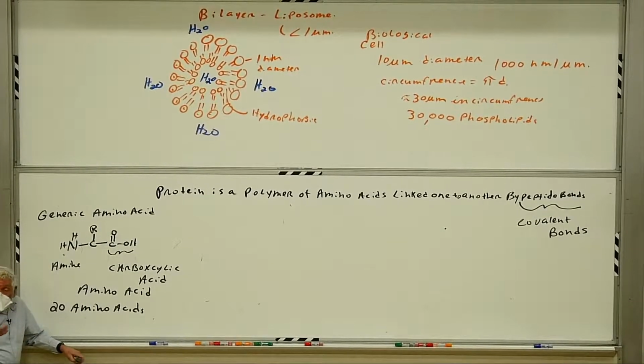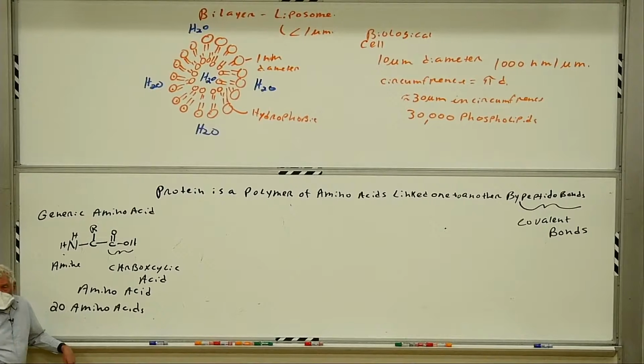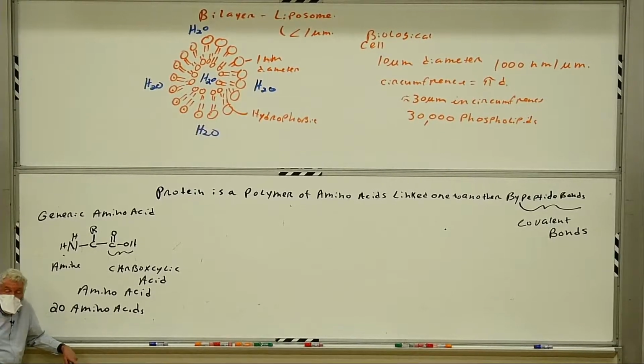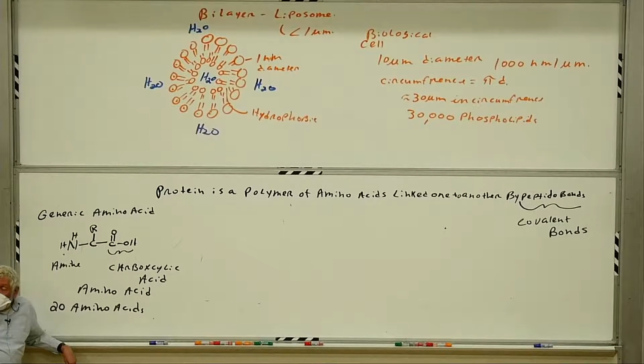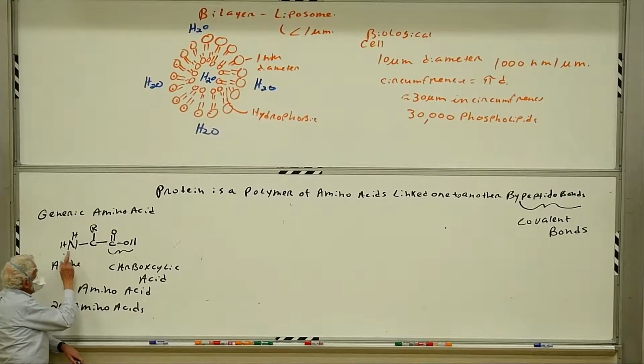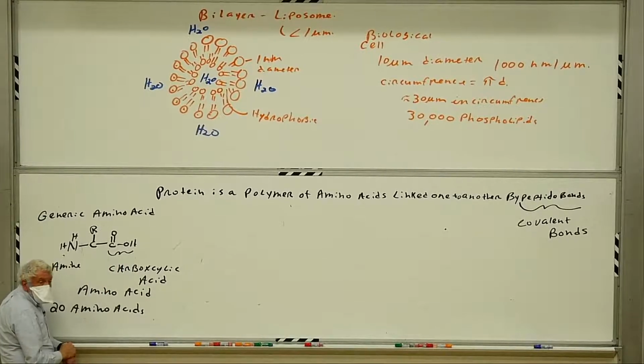In some cases, it's a single hydrogen, and that makes glycine. Some cases, it's a methyl, and I think that makes valine. Some cases, it's a ring group, and that's phenylalanine. Sometimes you'll attach a hydroxyl to the phenylalanine, and that's tyrosine. You can make all 20 different amino acids, and if you're in a biochemistry course, you'll memorize the structure of all of them. I won't ask you to do that. But I do want you to know that there's this generic structure of an amine group, a carboxylic acid group, and a carbon linked to an R group.